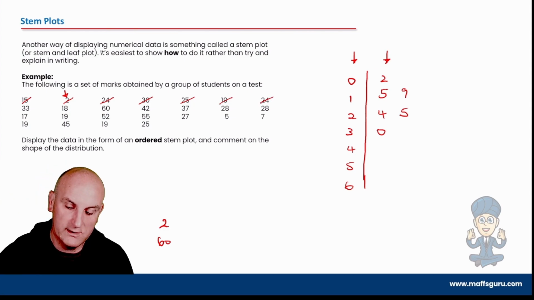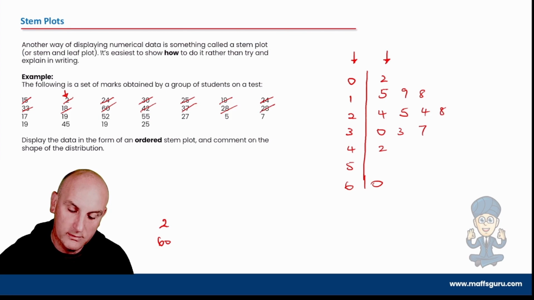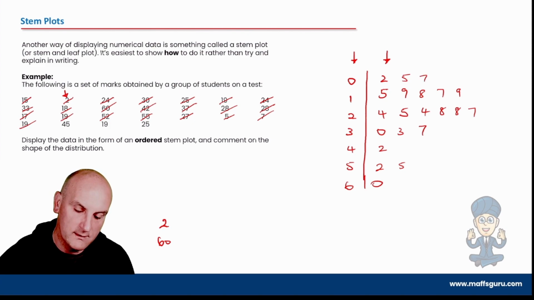That becomes really important as well. 24, 33, 18, my eyesight's getting worse, 60, 42, 37, 28, 28 again, hope I don't run out of room, 17, 19, 52, 55, 27, 5, 7, 19, please don't let me run out of room, 45, 19, and 25. Woo. There we go.